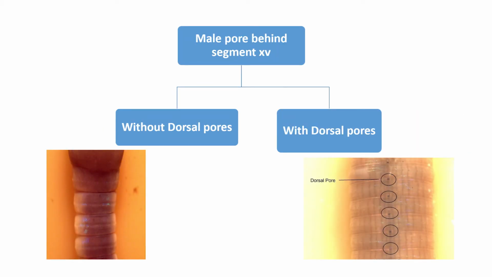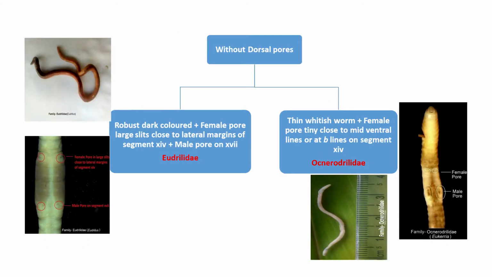On the other hand, male pores behind segment 15 are subdivided into two categories: species having dorsal pores and species without dorsal pores. The earthworm species without dorsal pores are further subdivided into two categories.